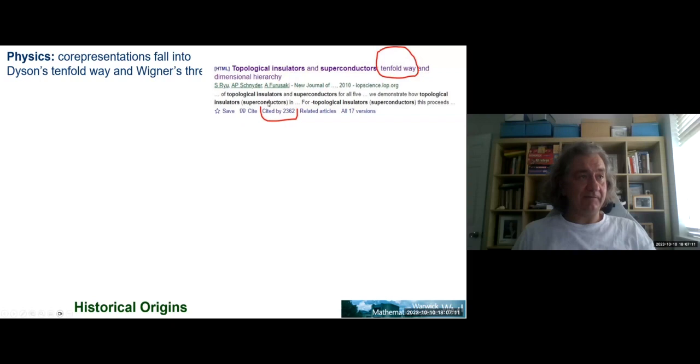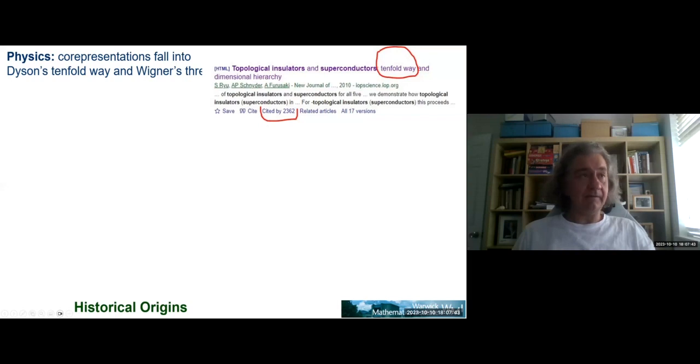None of my papers has 2,500 citations. This one does. Essentially, in this paper, they classified which of the 10 Dyson possibilities can support topological insulators. I'm not going to say more. It's not something I understand.